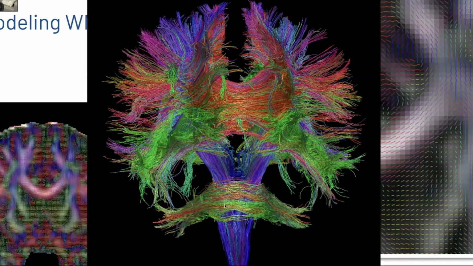We have the corticospinal tract going down. We have the tracts going into the cerebellum here. You can see the cingulate gyrus coming across the top of the corpus callosum. And in one of the following lectures, we will talk more about some of these, how to reconstruct these tracts and identify some of the tracts and their primary functions.